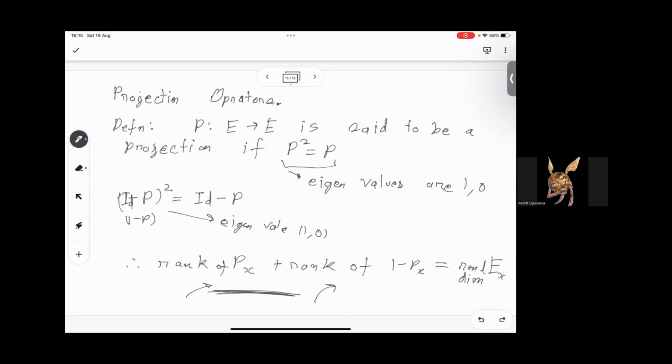It's a constant. Therefore, since both are, at least in the neighborhood, increasing functions, upper semi-continuous, but their sum doesn't increase, we see that the rank of P_x is constant.